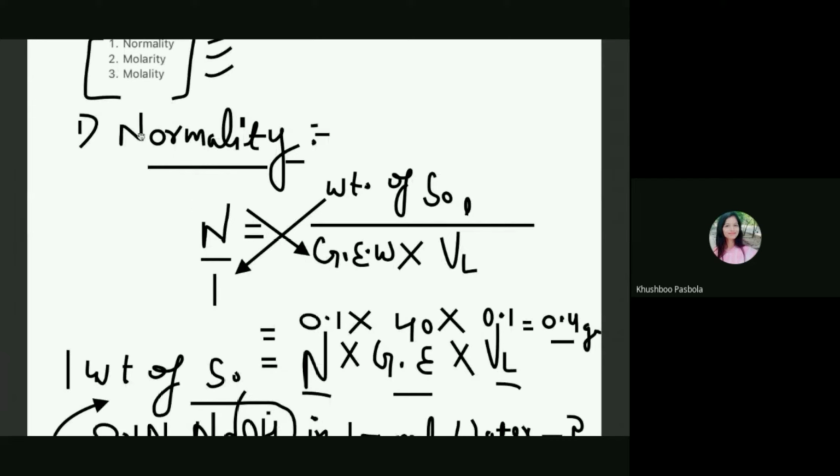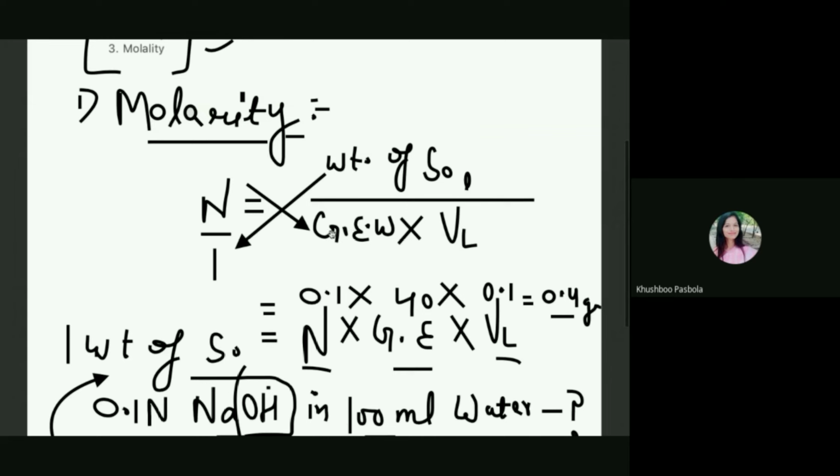Just note down the formula for molarity. There is a little bit of difference between molarity and normality. So this is molarity.